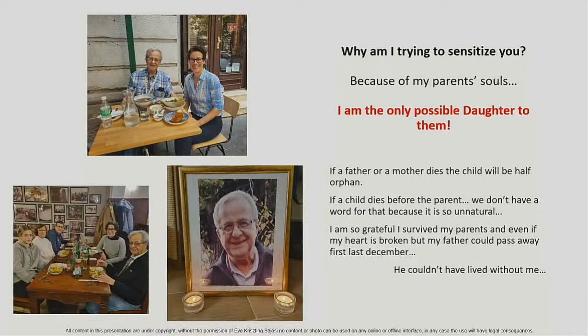I always say if a father or a mother dies, the child will be a half orphan. If a child dies before the parent, we don't have a word for that because it's so unnatural. So I know that my parents couldn't live without me.